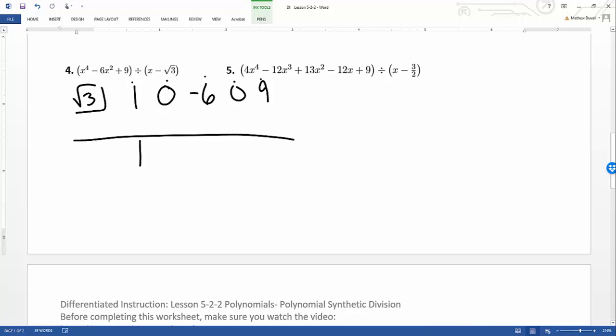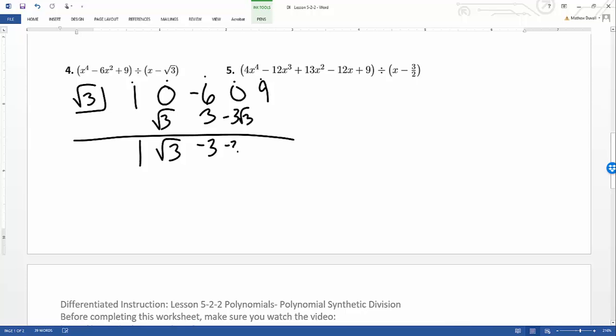Add straight down, multiply. 1 times root 3 is root 3. Add straight down. Now multiply. Root 3 times root 3 is root 9. Root 9 is 3. Add straight down. Negative root 3 times root 3 is negative 3 root 3.